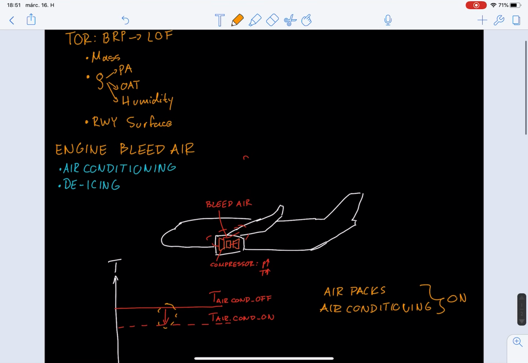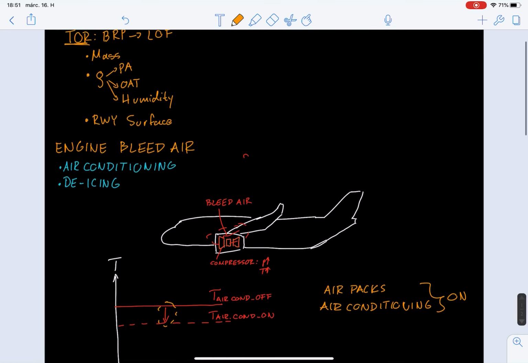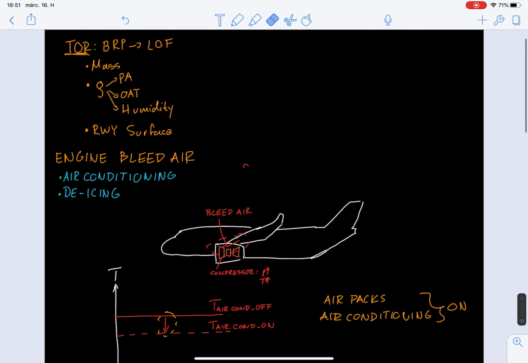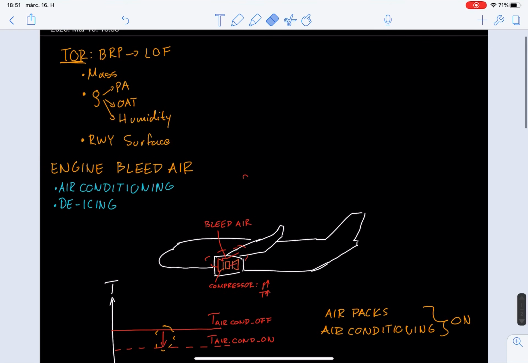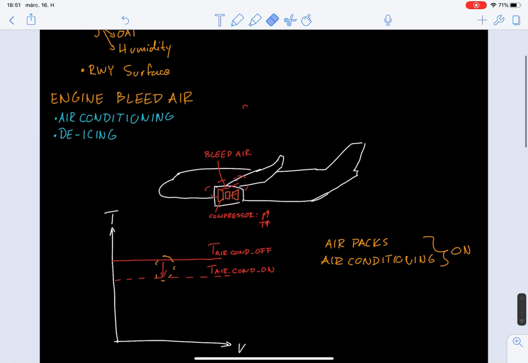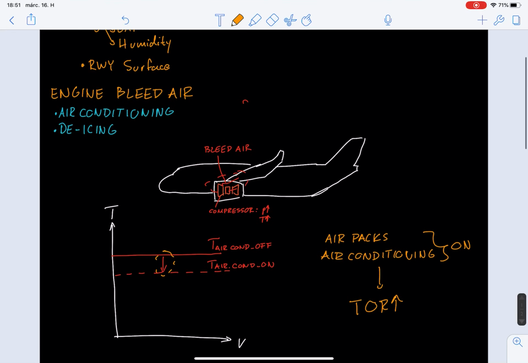But altogether, what we started discussing it for is the takeoff run. If you have the air conditioning turned off, the takeoff run will decrease, right? That is beneficial for us. If the air packs and air conditioning are on, your takeoff run is going to increase, which is bad for us, and that's the effect.